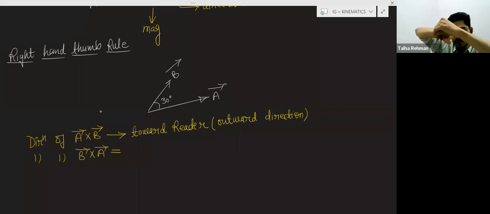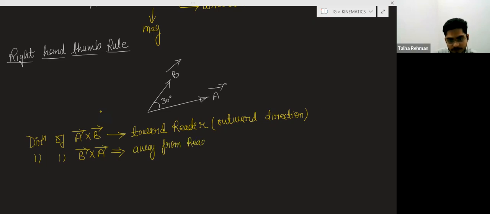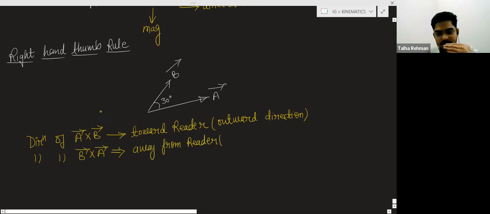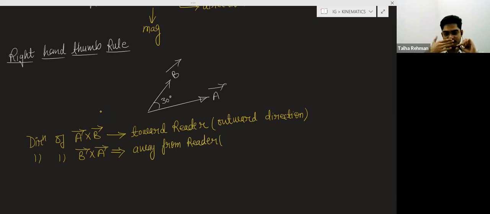Your thumb will be going away from you, so the direction will be away from the observer, or away from the reader. This is also perpendicular to the screen. I am the reader now, and something is going into the screen, so I can say inward direction.